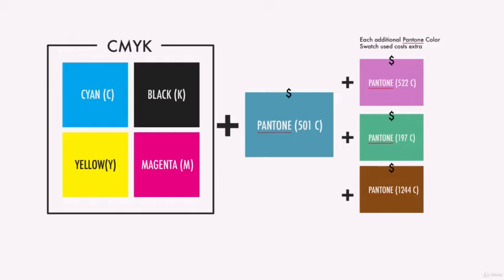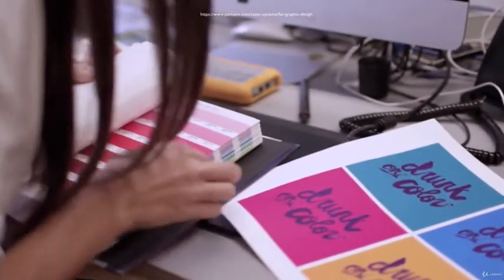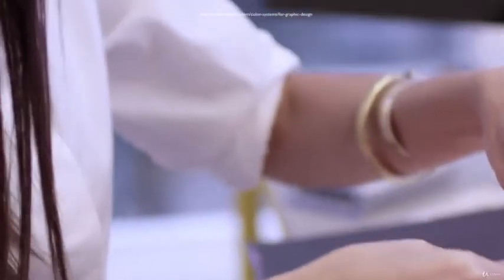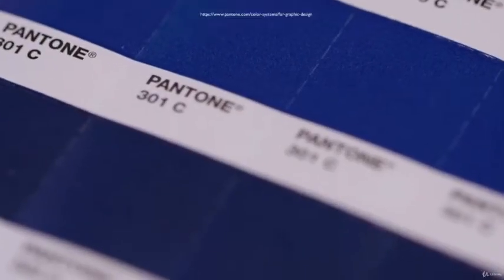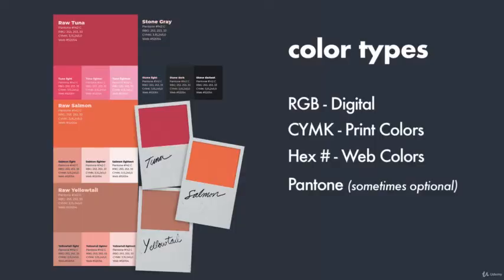So it's a lot of extra costs involved. So usually larger companies will be consistent by using Pantone colors, or they'll just use 1 or 2 Pantone colors in a big large document, and they'll do everything in 1 or 2 Pantone colors to keep cost down. So we're going to discover which ones those are.